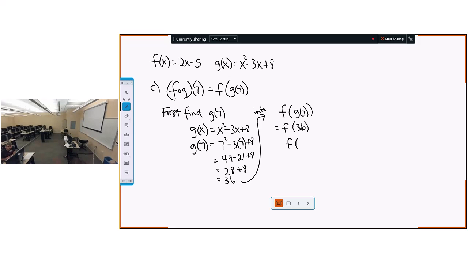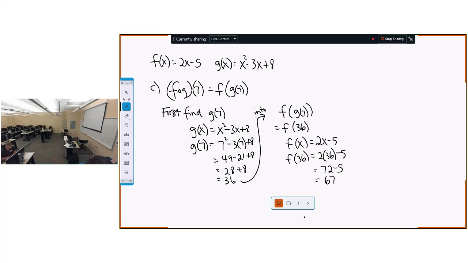So we know f of x is 2x minus 5, so then f of 36 would be 2 times 36 minus 5, okay, which would be 72 minus 5, which gives me 67, okay?